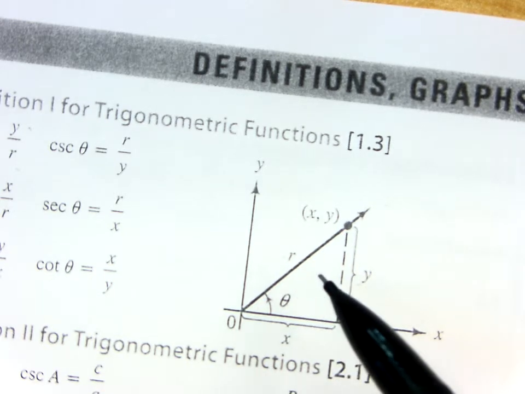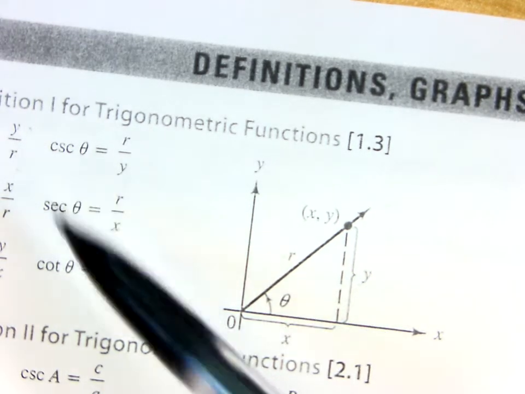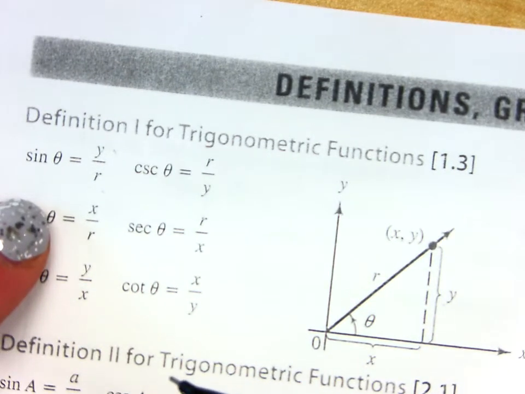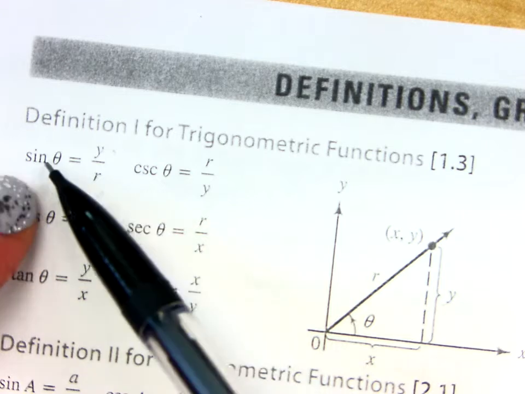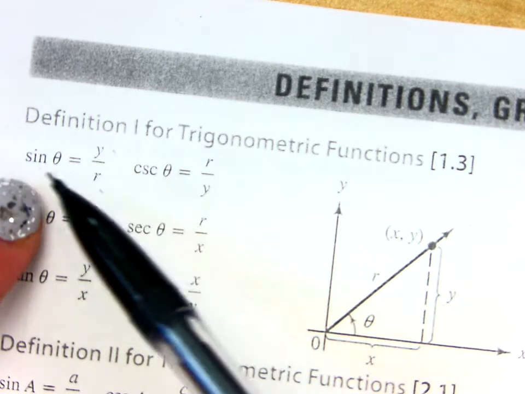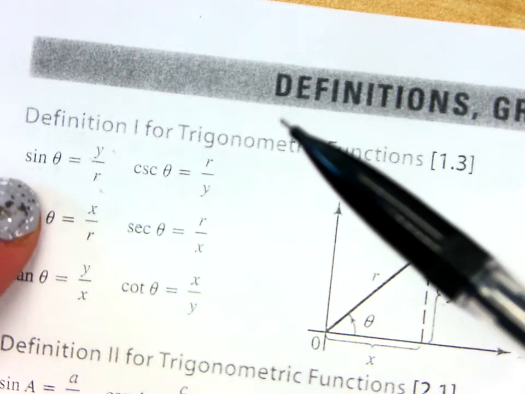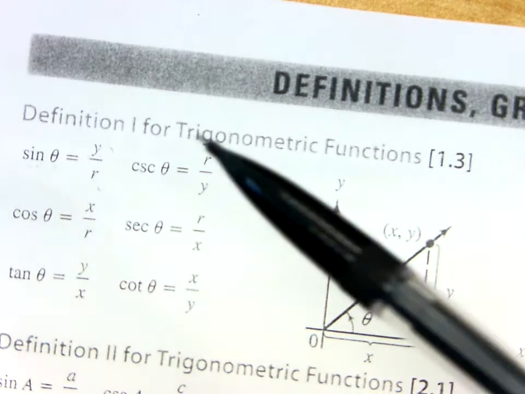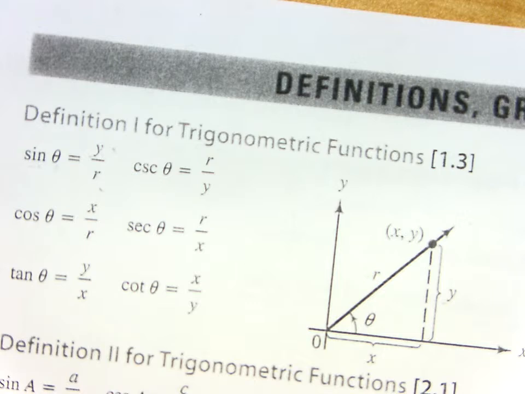Now we're still doing this, but since the radius is always 1, instead of saying sine of theta equals y over r, I can just say sine of theta equals y, because r is just 1. If I just divide by 1, I don't even need to put divide by r at all.